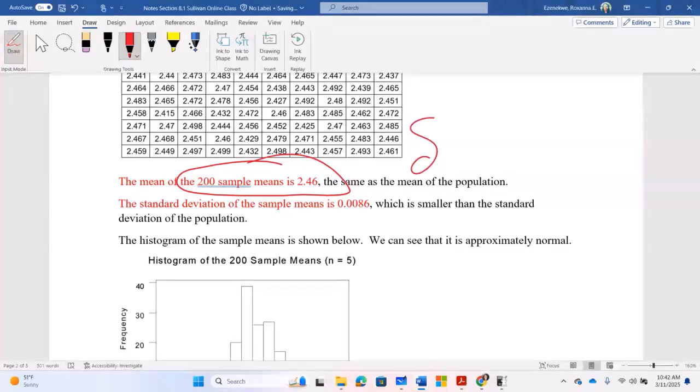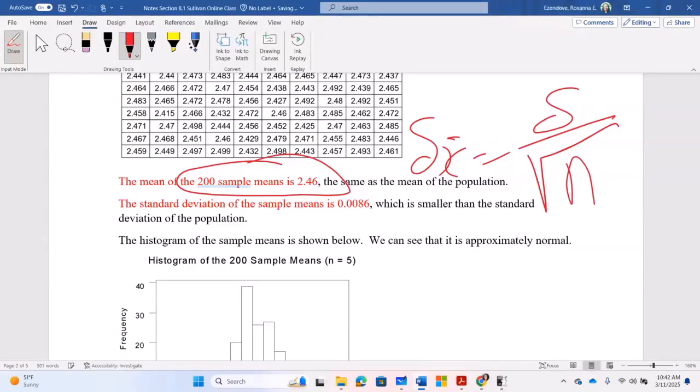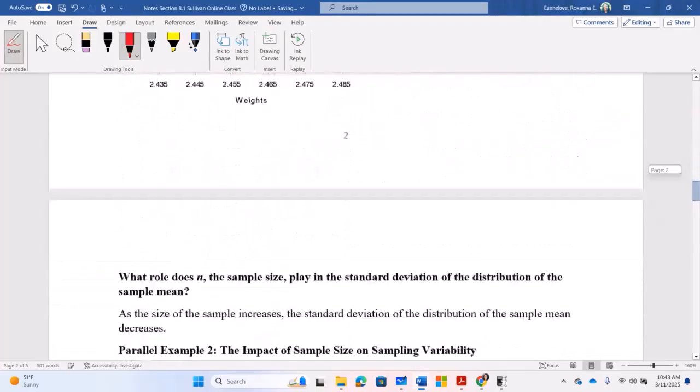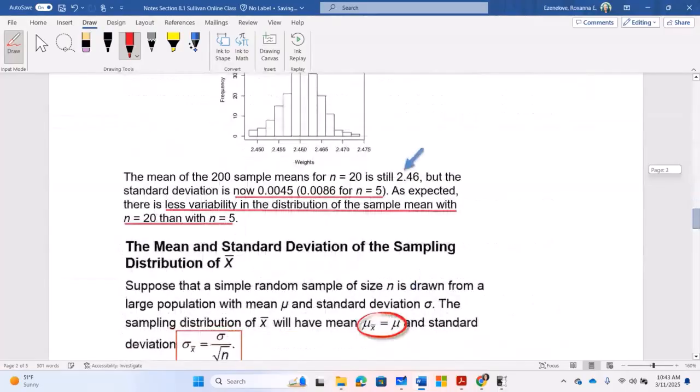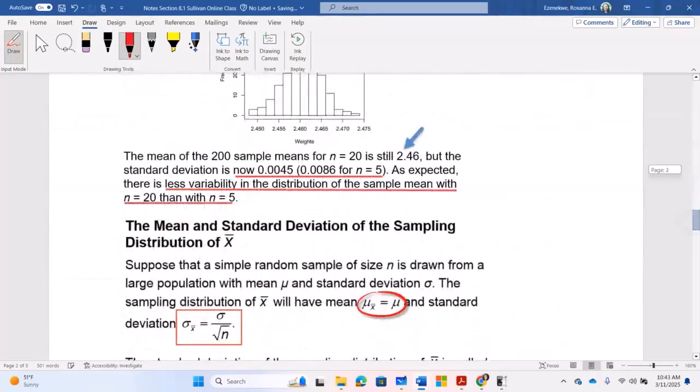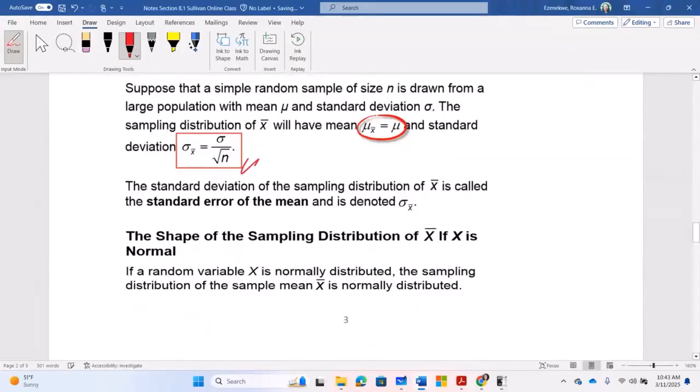But the standard deviation of the central limit theorem, the standard error, is equal to the standard deviation of the original data divided by the square root of the sample size. We will be doing an easier example that will show us what all this means. That's what I just emphasized.